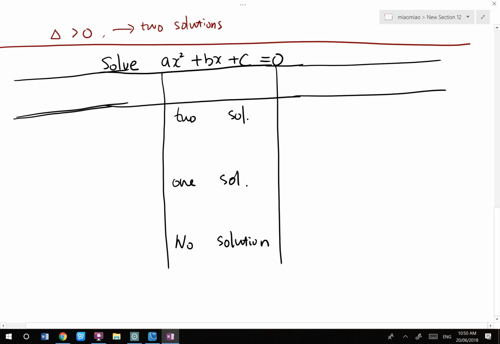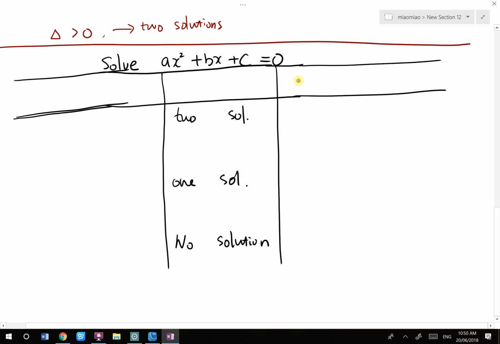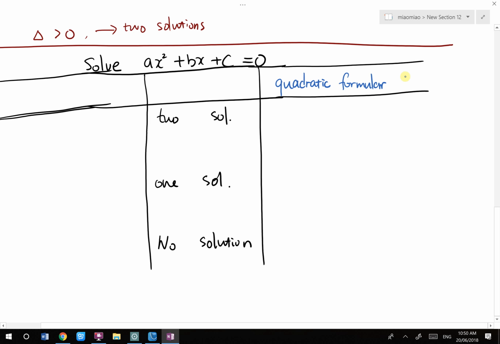One method is the quadratic formula, which is x equals minus b plus or minus the square root of b squared minus 4ac, over 2a. Okay, that's the first thing we have.